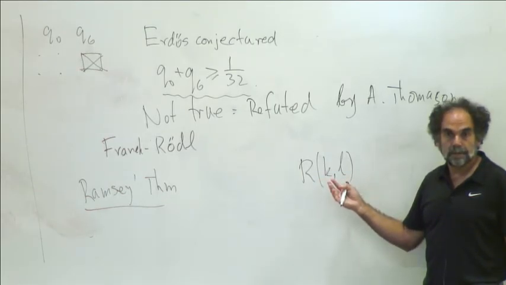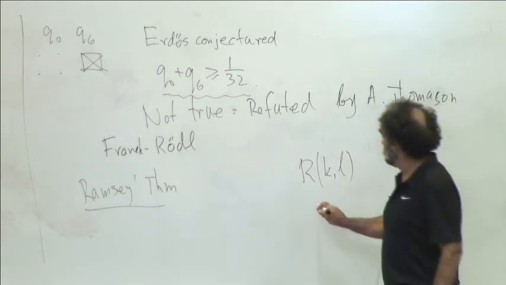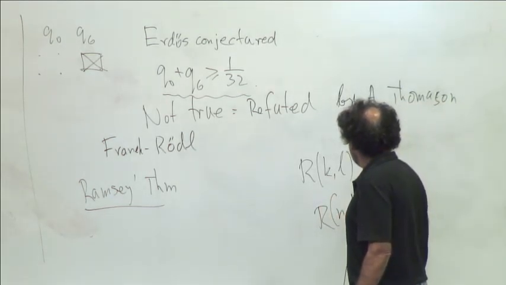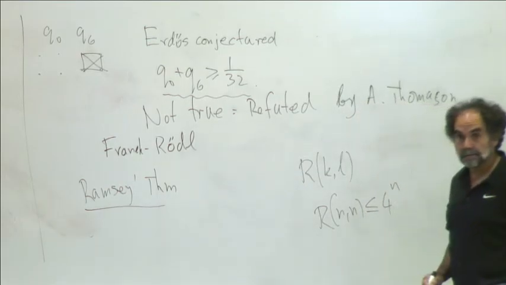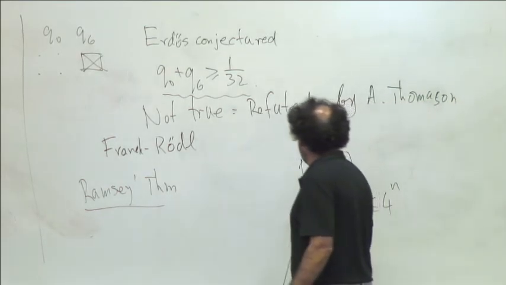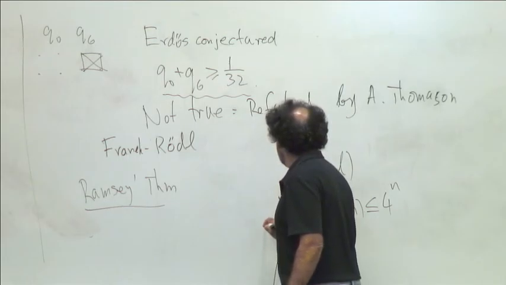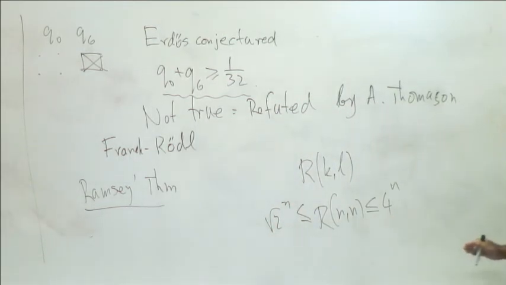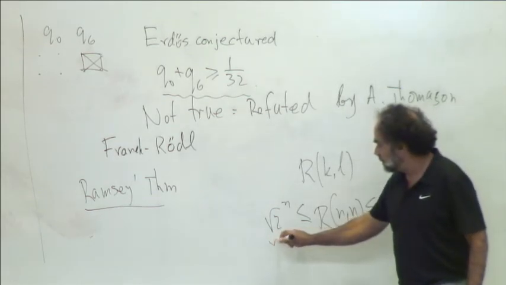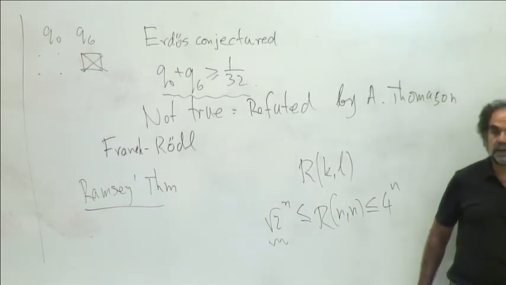And what do we know about these numbers? Let's speak mostly about R(n,n). The asymptotics here is something like 4 to the n, and here it's root 2 to the n. So it's a 4th power. And the best lower bound that we know for Ramsey numbers comes from G(n,1/2).